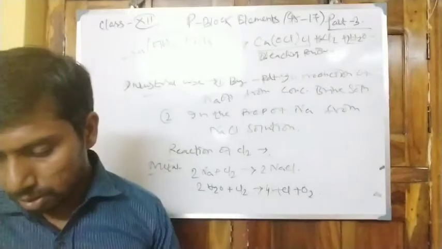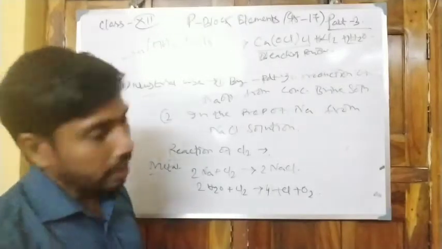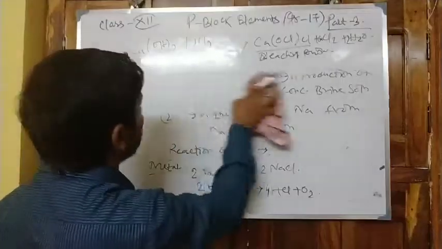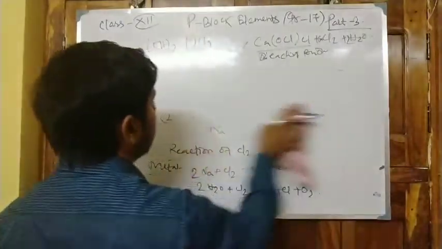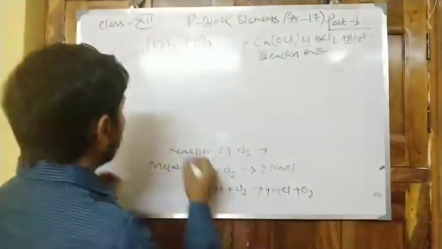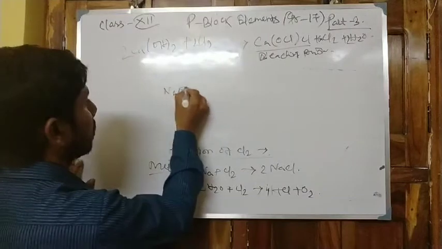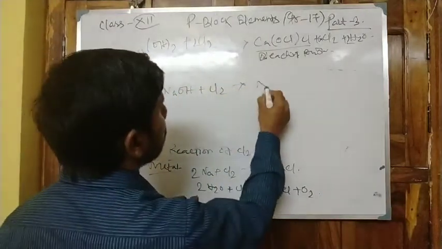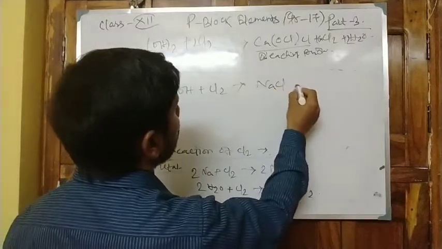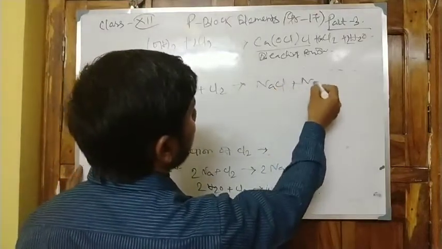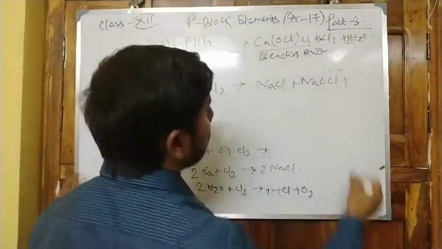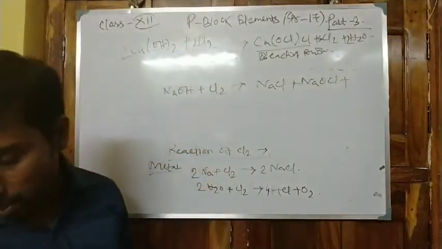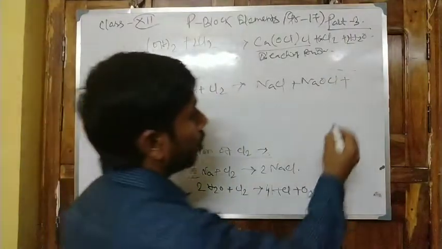Another reaction: NaOH plus Cl2 will produce NaCl plus NaOCl plus H2O.